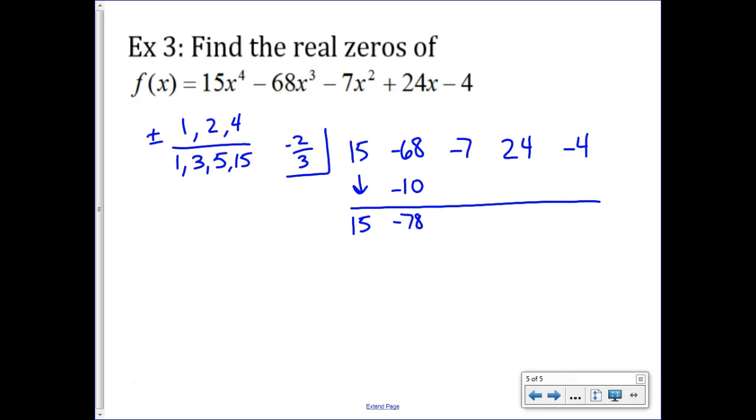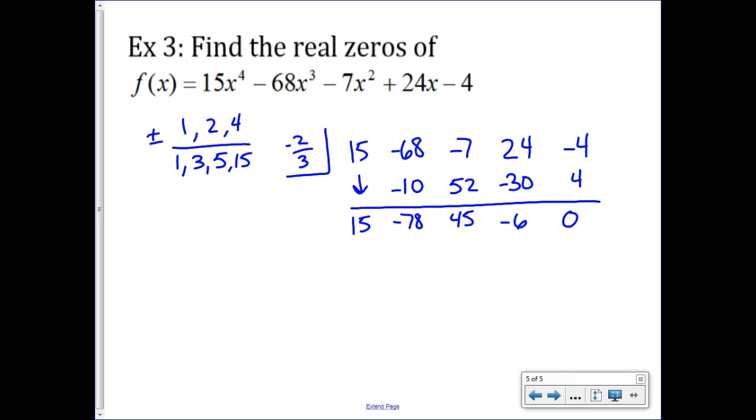Negative 78 times negative 2/3 is 52. And then negative 7 plus 52 is 45. Times negative 2/3 is a negative 30. So 24 plus negative 30 is negative 6. Times negative 2/3 is a positive 4. Negative 4 plus 4 is 0. So we are on the right track there. We found one of our zeros is negative 2/3.